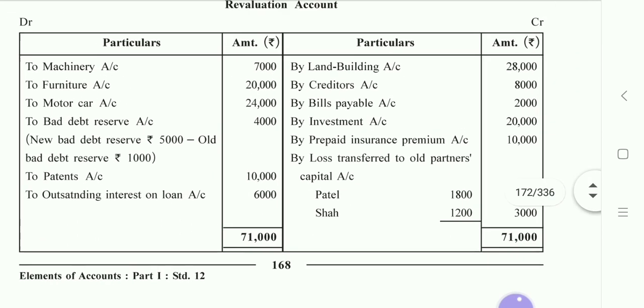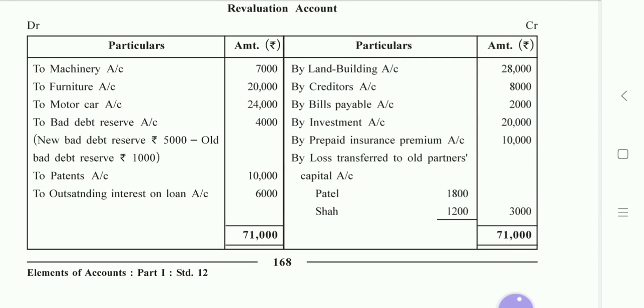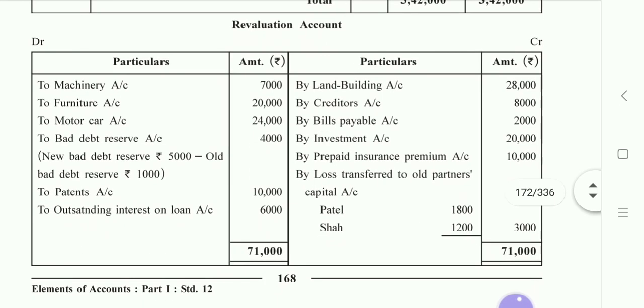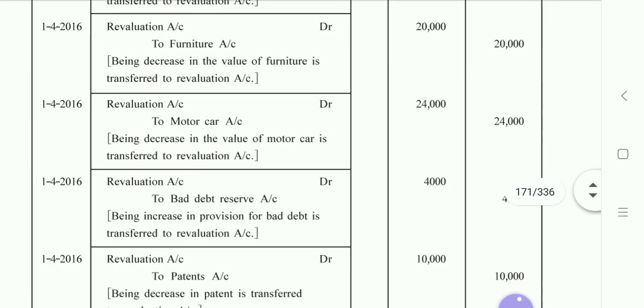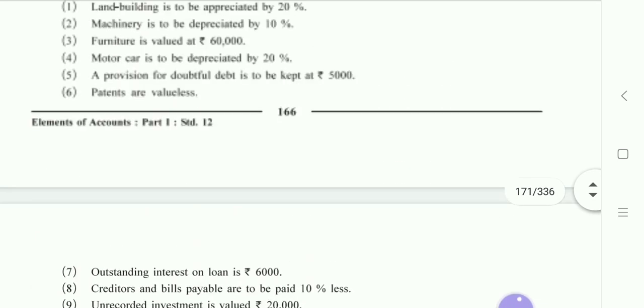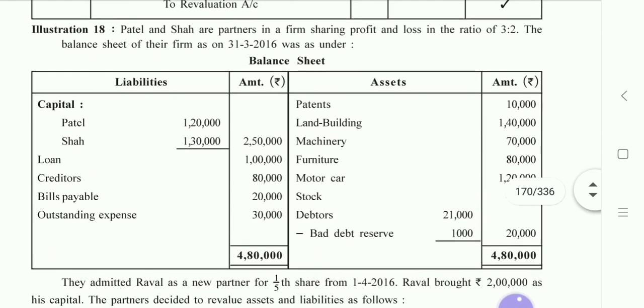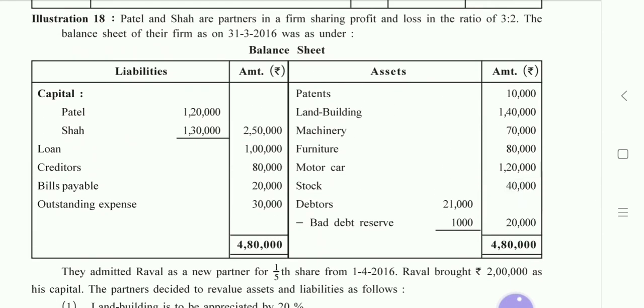Profit or loss on revaluation is always distributed in old profit loss sharing ratio, even though the new ratio is given. So let us quickly check what is the old ratio of partners, the two partners. Another thing to be noted here is that the loss on revaluation is to be distributed among two partners only in case of admission.